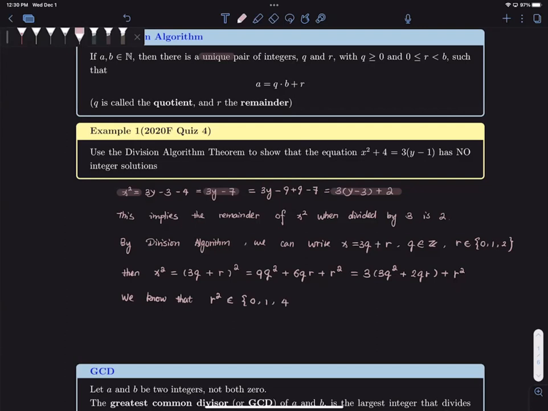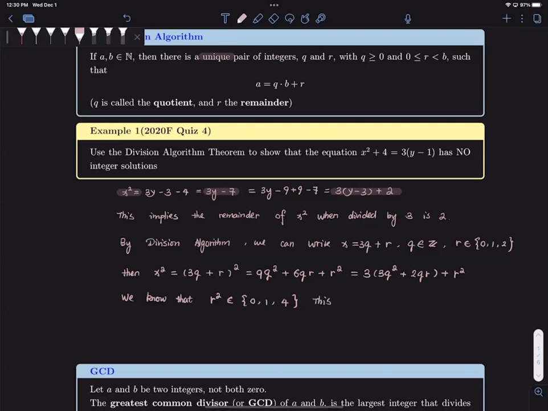What does it mean? It's never 2, but what about 4? 4 is bigger than 3, so we need to change it to what? What's 4? 1, right?